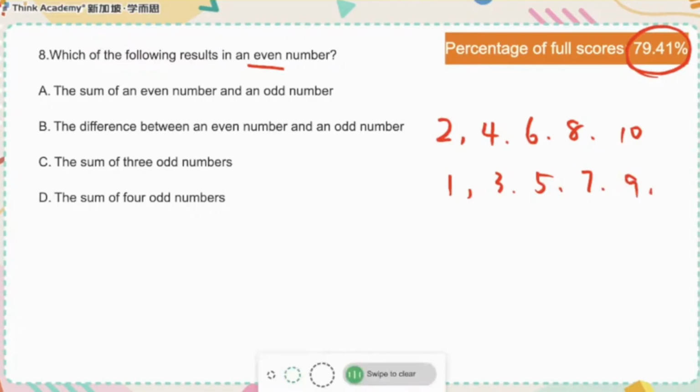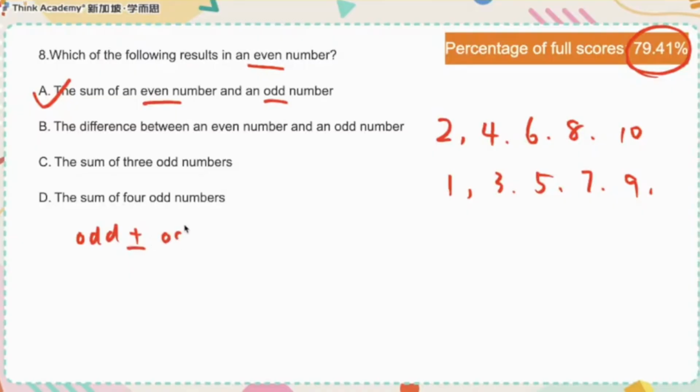Okay, actually, here are some patterns here. That is, let's see, the sum of an even number and an odd number. Is it like an even number? After you're very familiar, in the future, you will know that an odd number plus or minus an odd number is an even number.